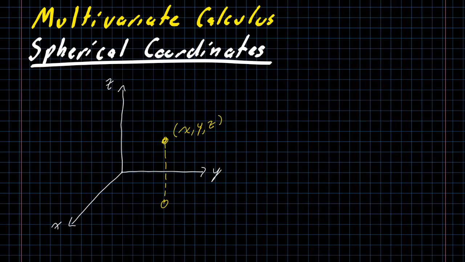Let's find our point here called x, y, z, and draw in all of the usual lines showing us how we can get this point from the usual setup.